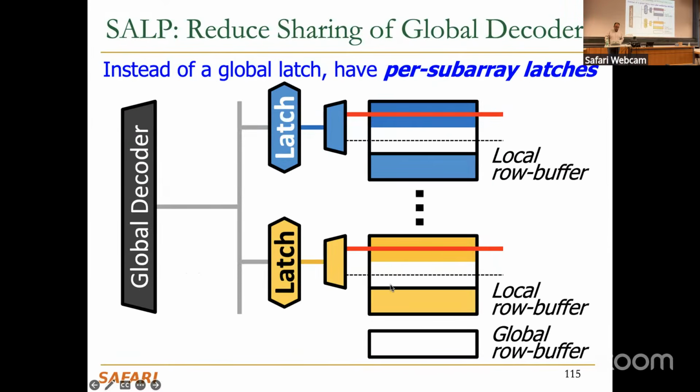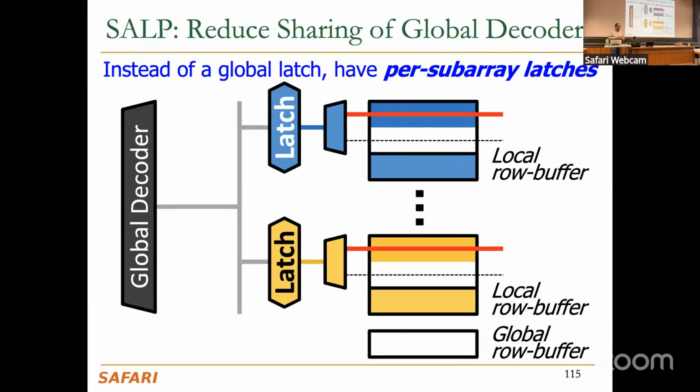But there is also another problem here. In normal operation of conventional DRAM architectures, only one local row buffer can be connected to the global I/O, and the other row buffers are not connected because they are precharged.